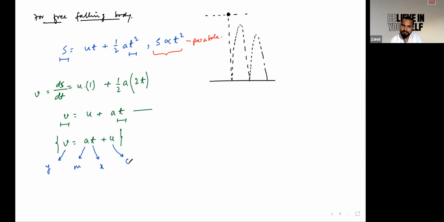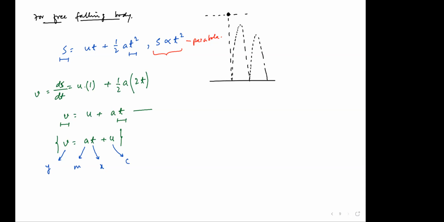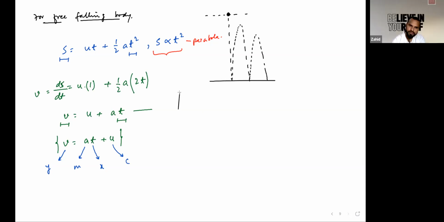Is it clear? Yes, sir. Now, if you draw the graph related to this, it will be a straight line.